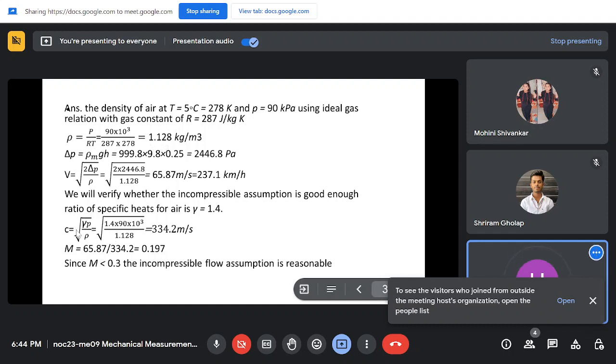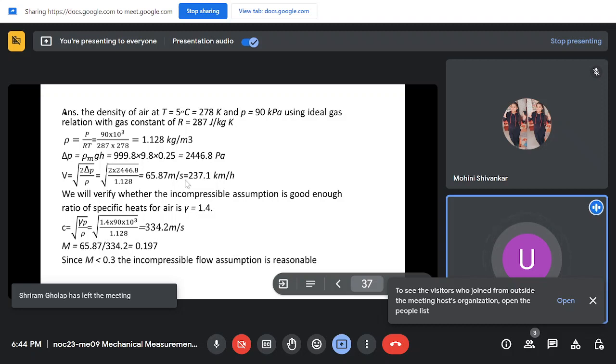So the speed of sound is 334.2 meter per second, and our velocity is 65.87 meter per second. Using that, we see that the Mach number is 0.197. This being a very low Mach number, we can assume that the incompressible flow assumption holds good. I hope this is clear.